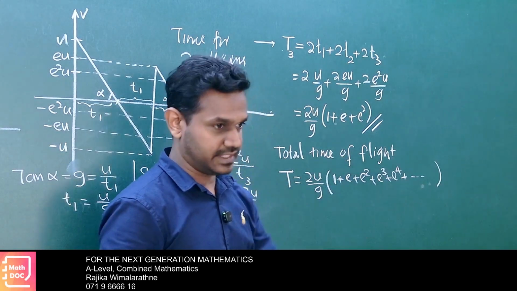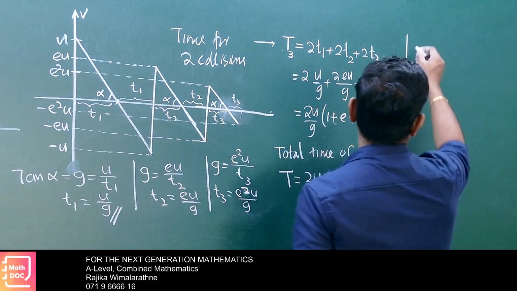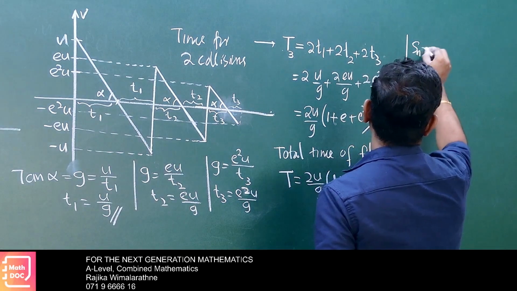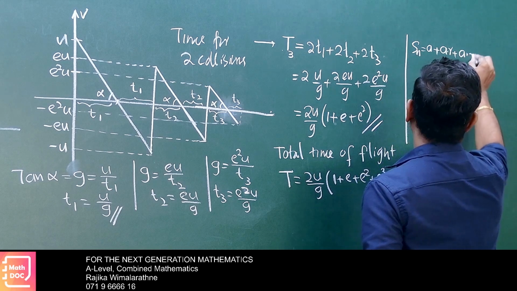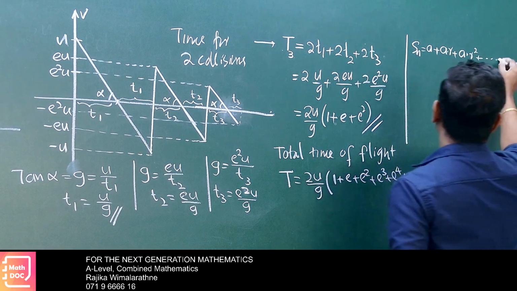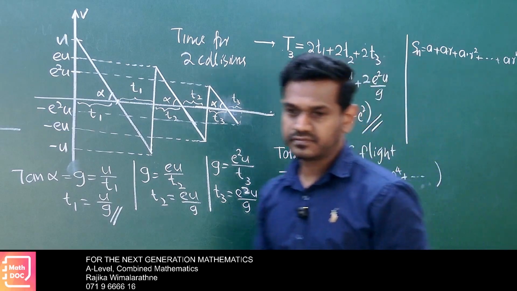Then this is a geometric series. You just remember Sn equals a plus a r plus a r squared up to a r to the power n minus 1, geometric series sum.